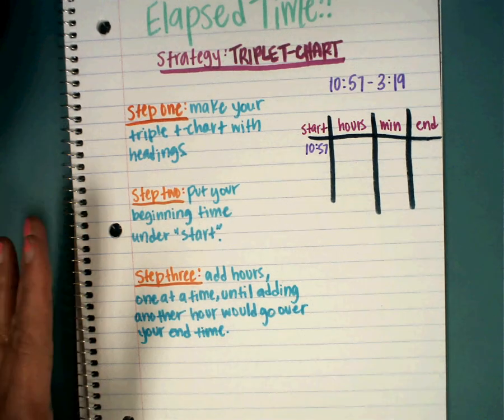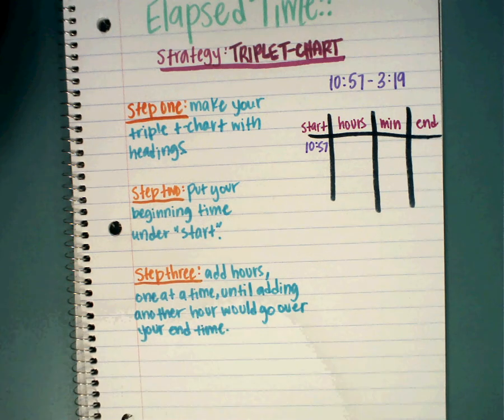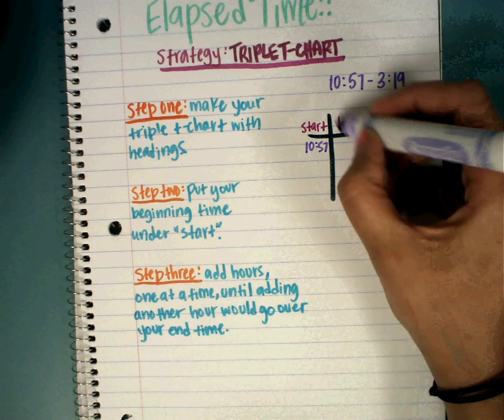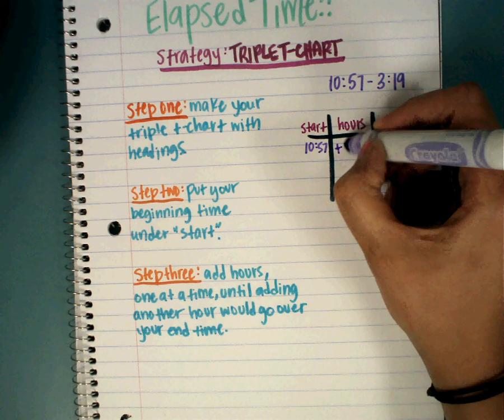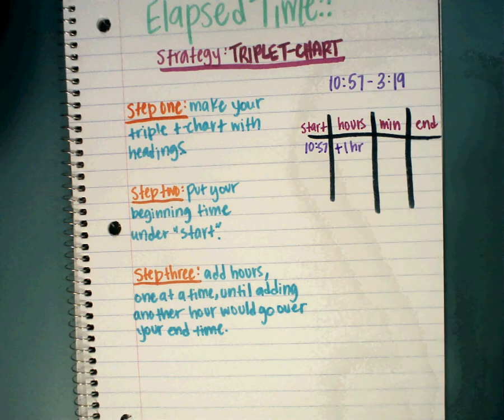So let's do that. So 10:57, I'm going to put plus 1 HR for hour, okay? Plus 1 hour. If I added an hour to 10:57, what would I get to? I would get to 11:57, right? I'm going to put that under my end time. All right?